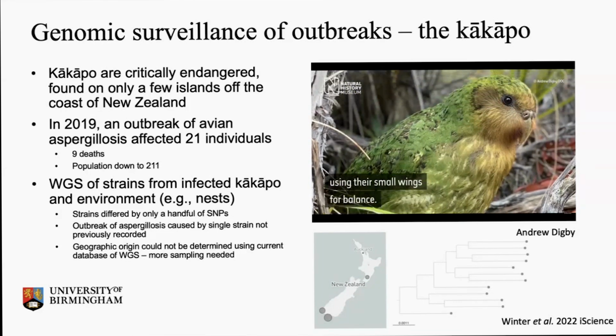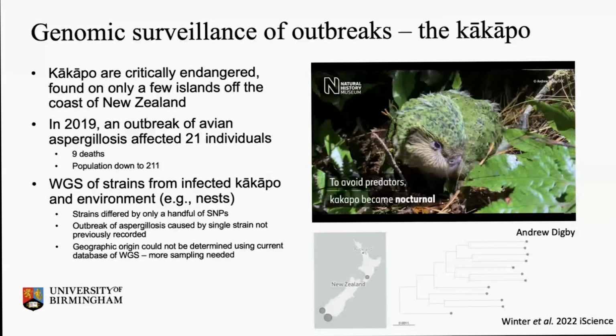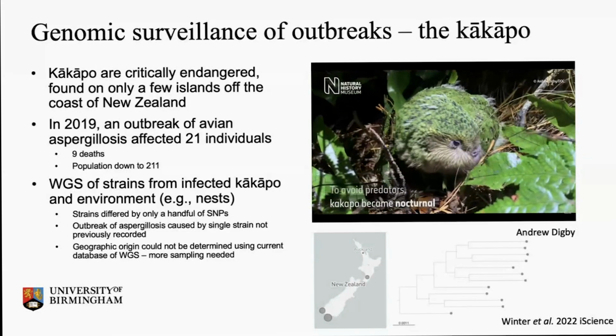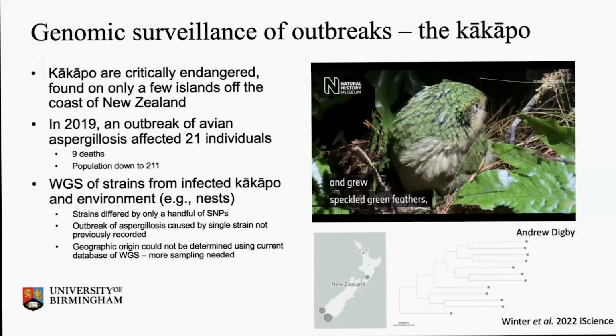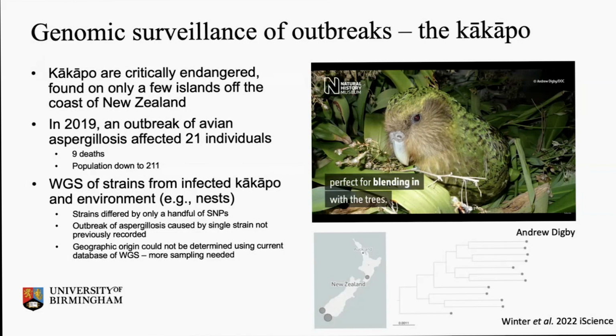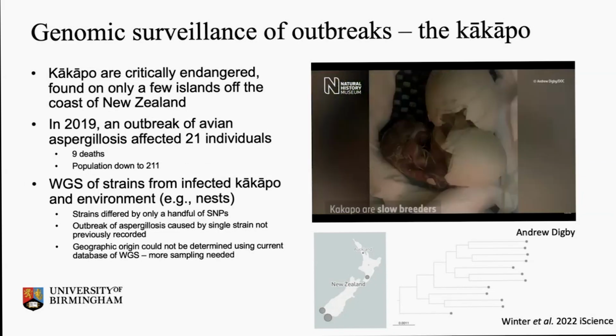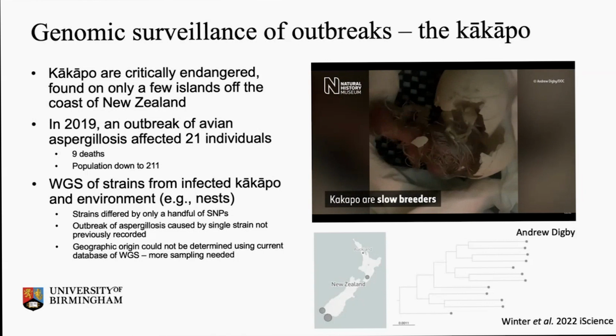So this was a really interesting project to be involved in. It was a worldwide project. There was us in the UK, obviously the New Zealand team, and then Jason Stajich in California. So trying to coordinate meetings was really interesting. And when we performed whole genome sequencing of the strains from the infected kakapo, but also their nests, we could see that the strains differed by only a handful of SNPs, so they were really super related.